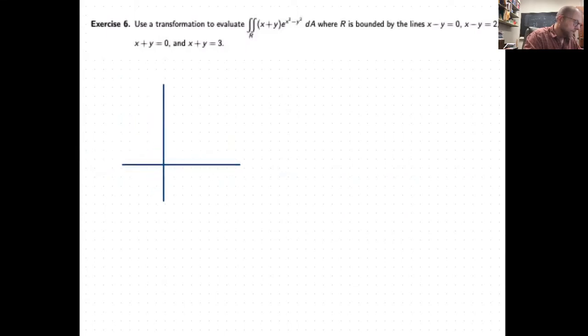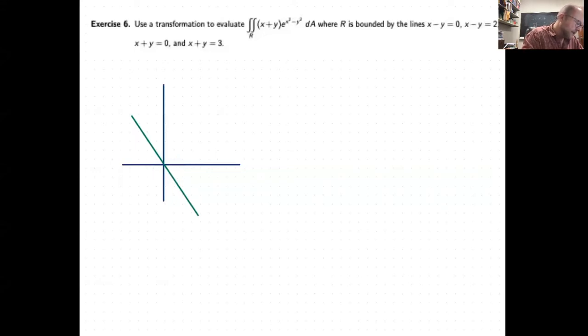So I'm going to draw lines that look like they've got a slope of -1, like so. And I'm just going to grab that and position it in here, because x plus y equals 0 ought to go through the origin.